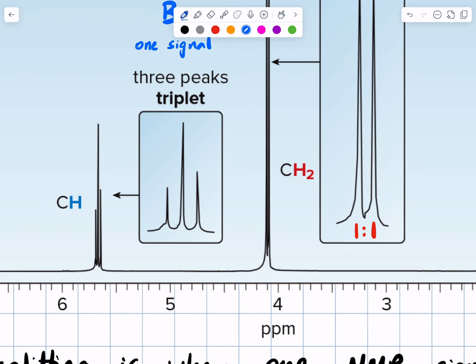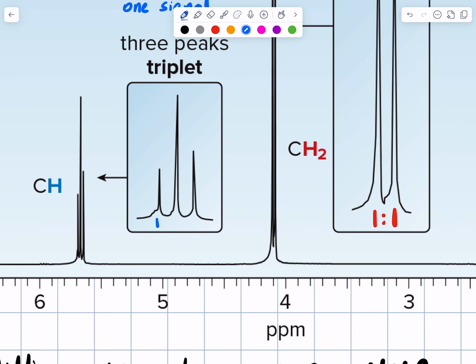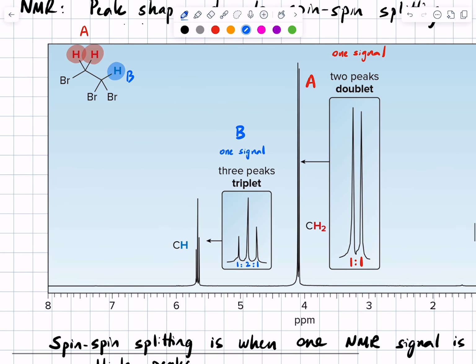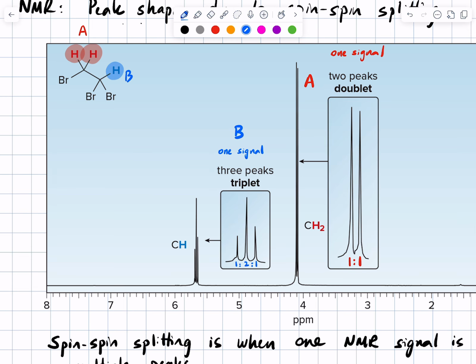It's called a triplet, and the area under those 3 lines has a 1-to-2-to-1 ratio. That's important because those ratios help you distinguish a group of peaks that comes from one signal from 3 peaks that are unrelated to each other and are just 3 different signals.